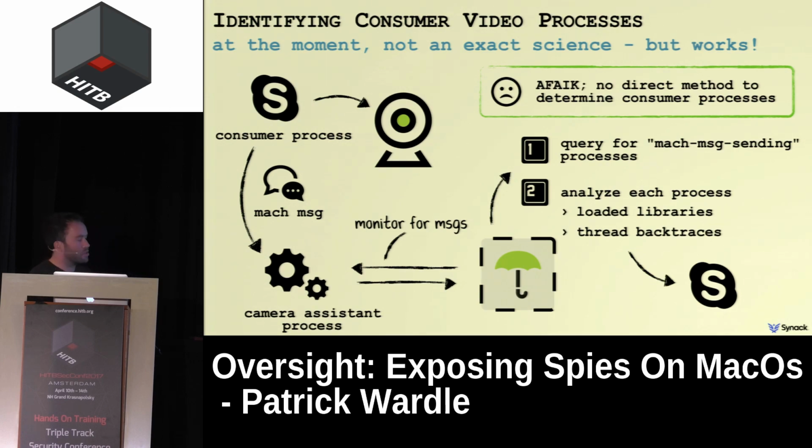If we reverse engineer this whole process, we can figure out what goes on under the hood. Say an application like Skype starts using the webcam. Once it's activated the webcam, the OS will actually send a Mach message, which is just an IPC message, to the camera assistant process. So Oversight has now got the notification that the webcam is active. What it can do is query the camera assistant process and see who's sent it recent Mach messages. So then it has some candidate processes.